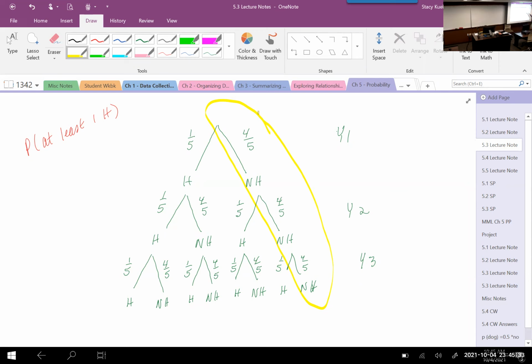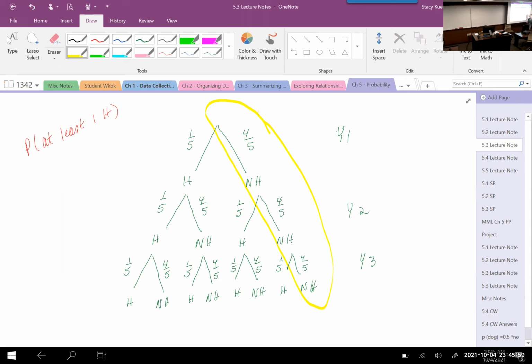That's the only branch that has no hurricane, no hurricane, no hurricane, and I can keep going on. Do you agree? All of this over here represents the probability of at least one hurricane, doesn't it? Because there's at least one hurricane in these possible routes, correct?